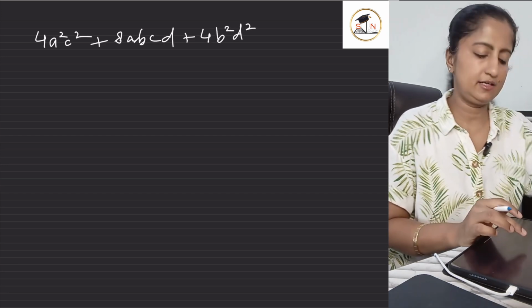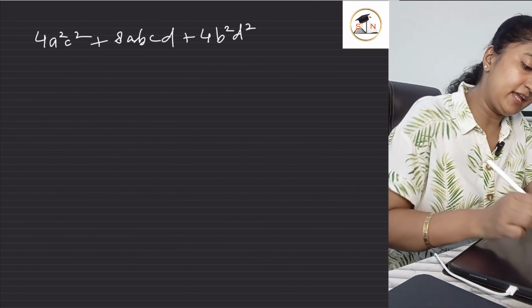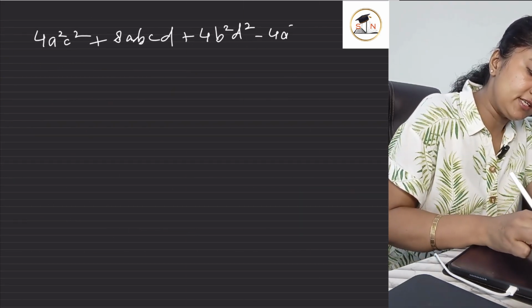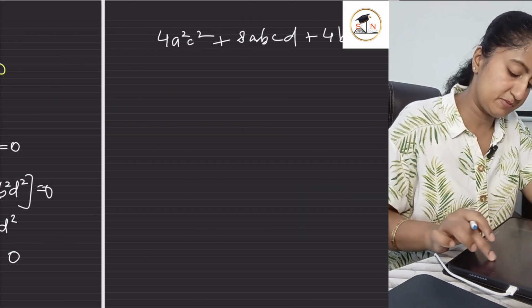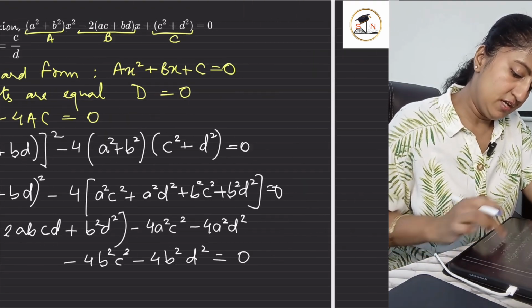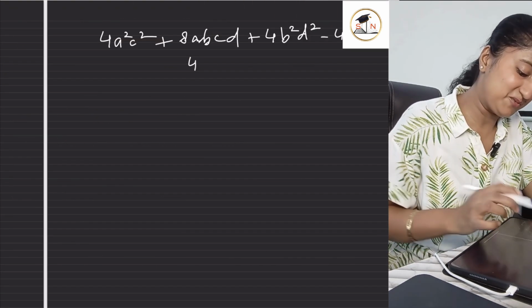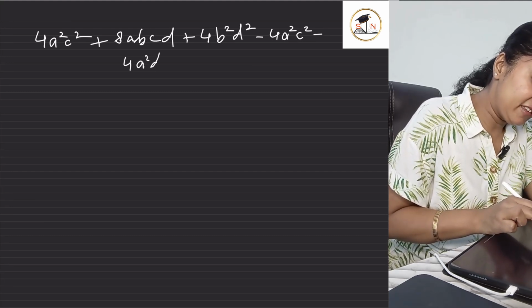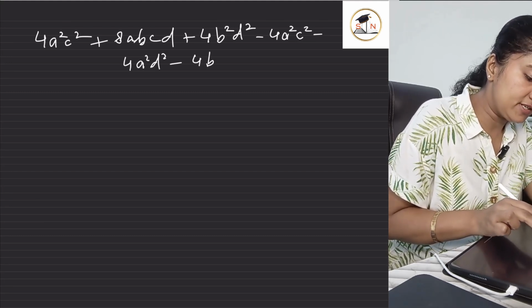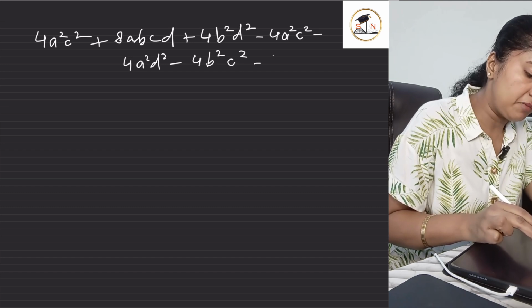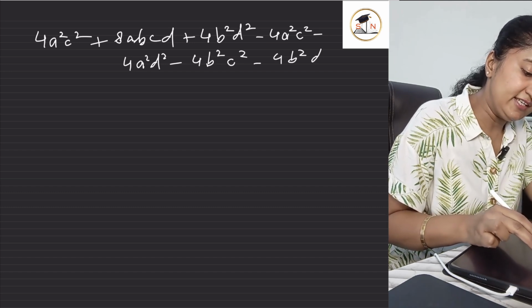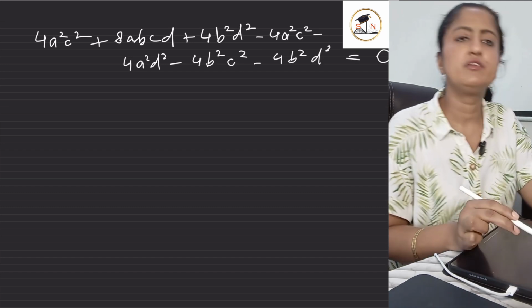This was the first bracket, right? The second bracket gave us minus 4a square c square. It is a very bigger expression to copy down actually. Minus 4 a square d square minus 4 b square c square, and the last minus 4 b square d square equals 0, right?